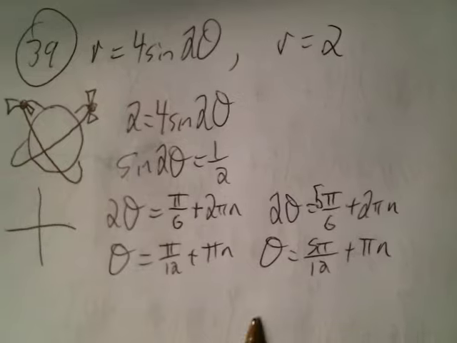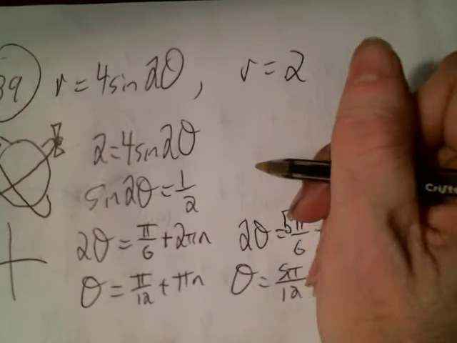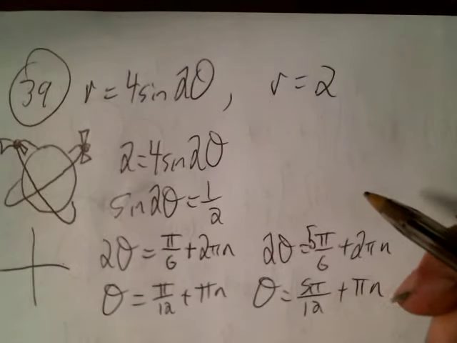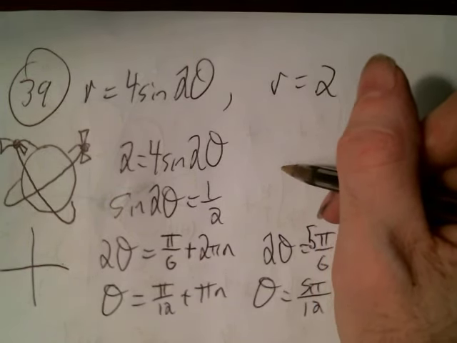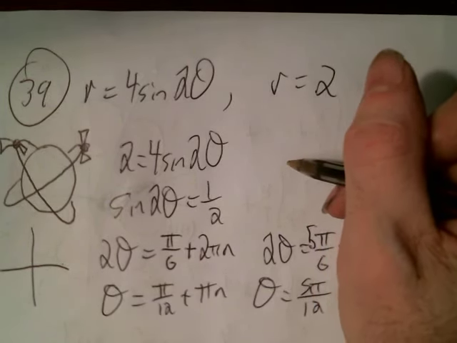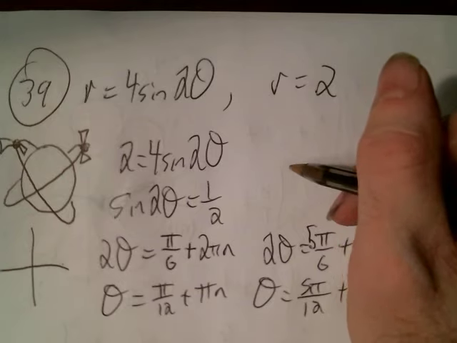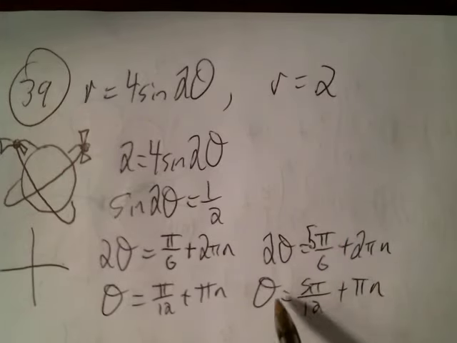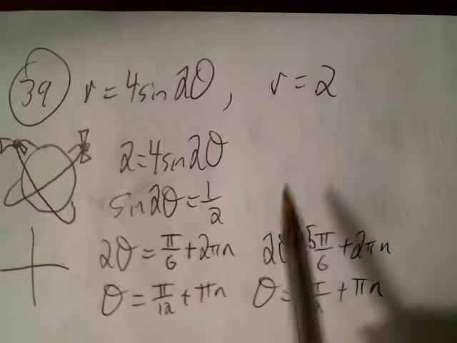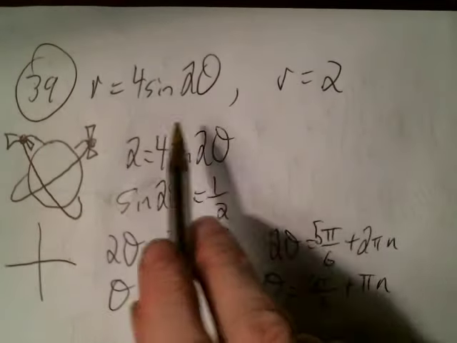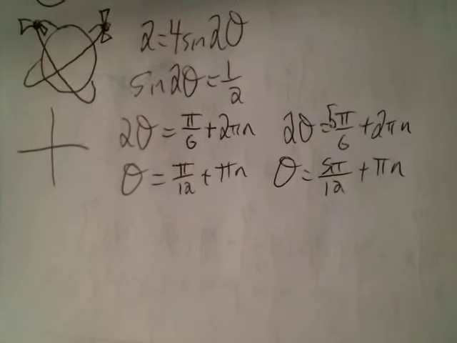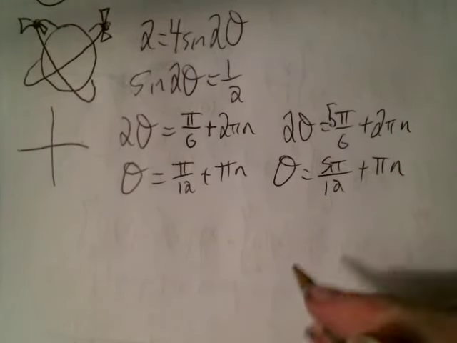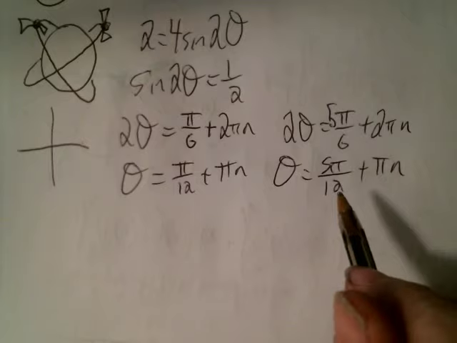The problem is this won't give us all of the intersections, and we don't know it yet, but I believe we can trace this curve going from 0 to 2 pi. Maybe we should actually do that just to be careful, because we don't want repeat solutions. So let's figure out the curve, and then we'll come back to this and identify potentially all of the intersections, but you'll see that we don't actually get them all.